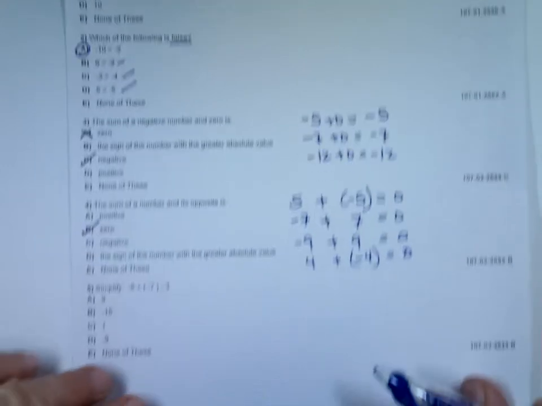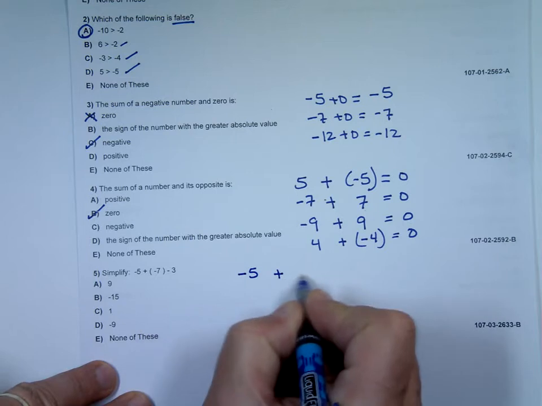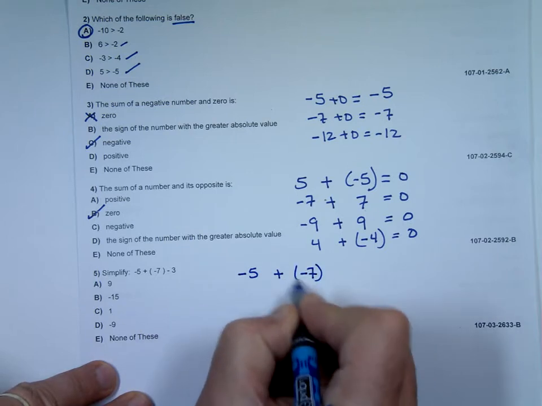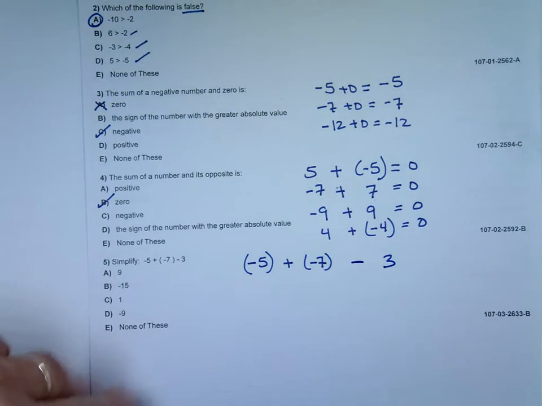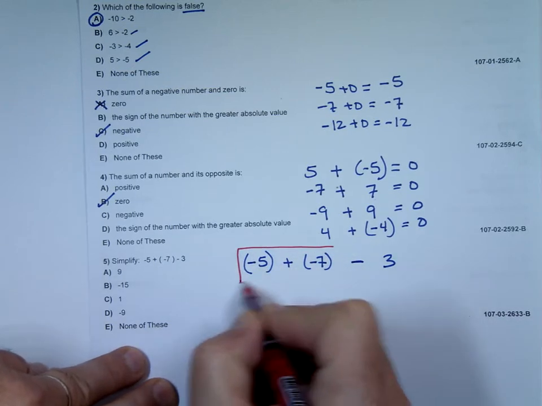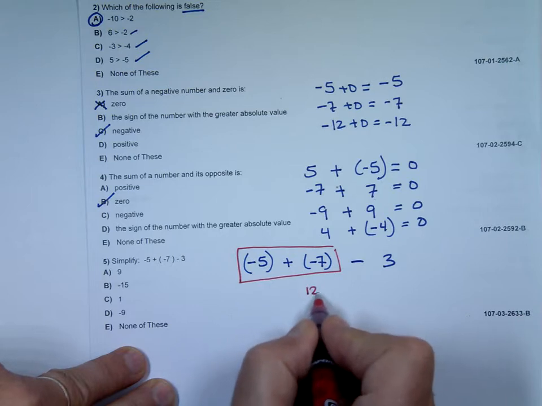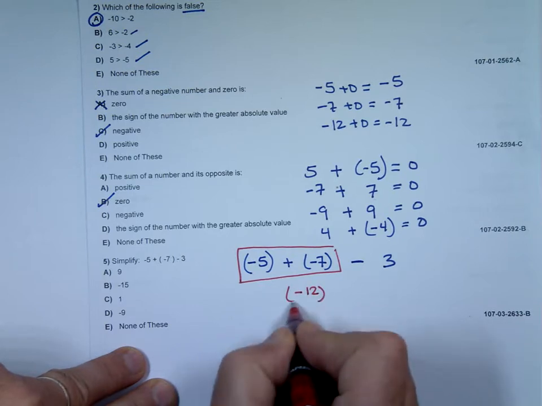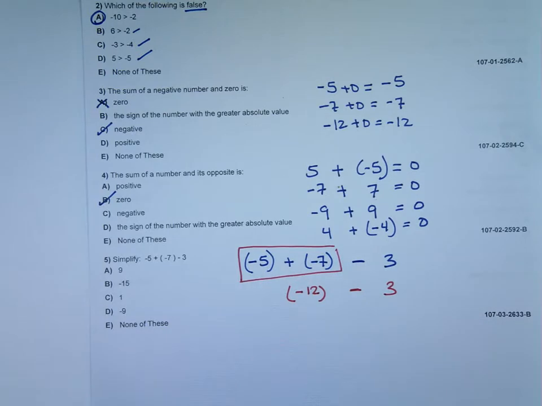Now here we need to simplify. The question is, what's -5 plus -7 minus 3? Let's do the first two numbers. Same sign, we add them and keep the sign. 7 and 5 is 12, and the sign is negative. There's the minus, and there's the 3. We have a subtraction.